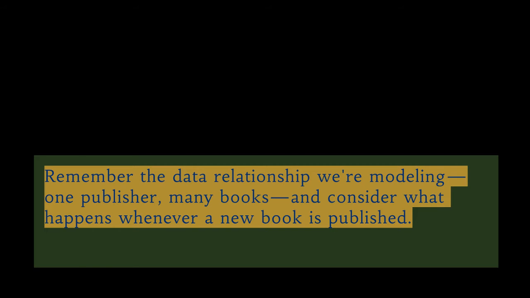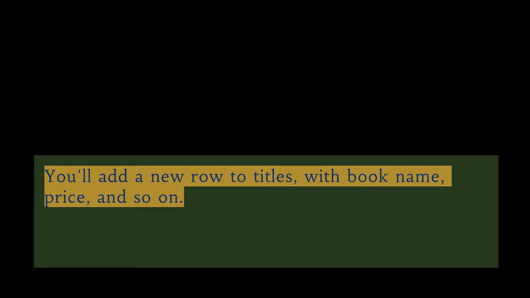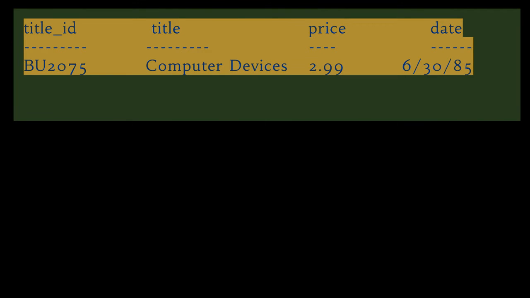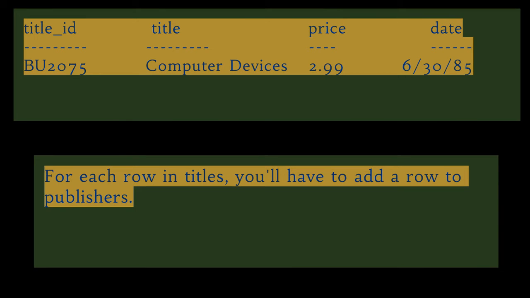Remember the data relationship we're modeling, one publisher, many books, and consider what happens whenever a new book is published. You'll add a new row to titles with book name, price, and so on. For each row in titles, you'll have to add a row to publishers.